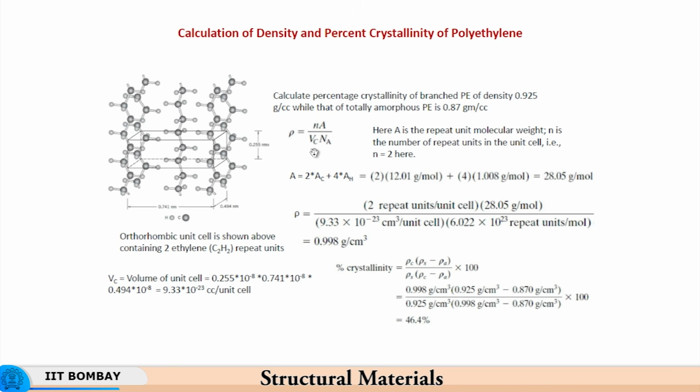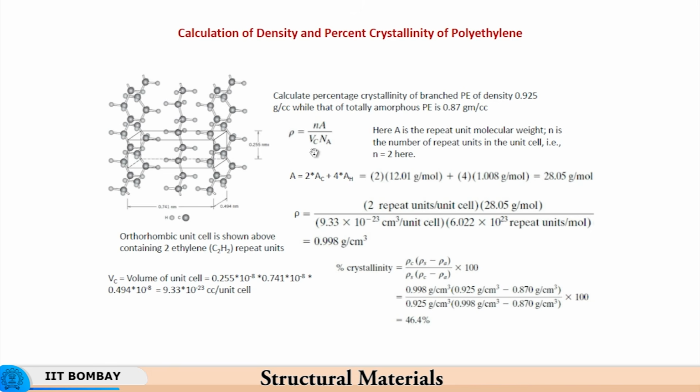Just as in the case of metals, A stands for atomic weight, here it is repeat unit molecular weight, because that is the one that has got the status of an atom. N is the number of repeat units. Just like you have N atoms per unit cell, similarly N is the number of repeat units in a unit cell, that is N equal to 2 over here.